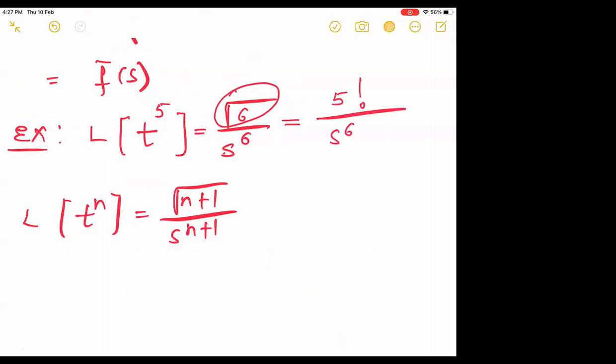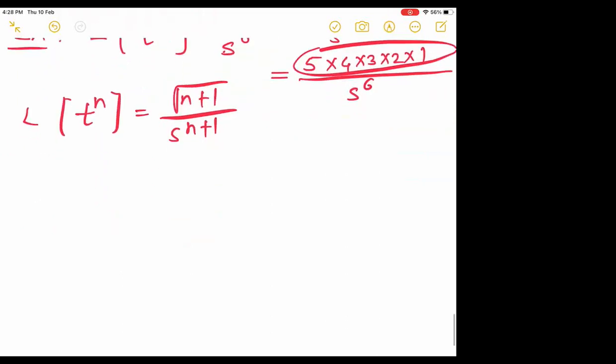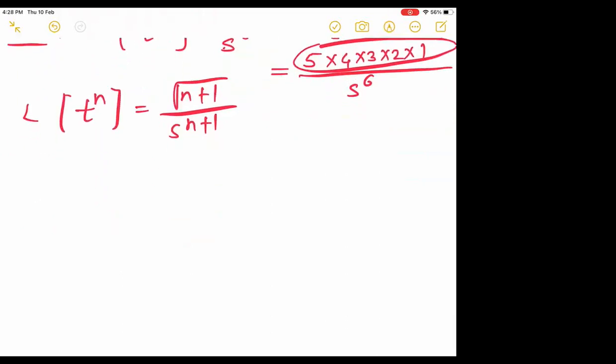And how do you write 5 factorial answer? That is 5 into 4 into 3 into 2 into 1. I hope this factorial notation meaning you know. Till 1 upon s raised to 6. So whatever is the calculation of the numerator, just put it there. And denominator is s raised to 6. Okay.